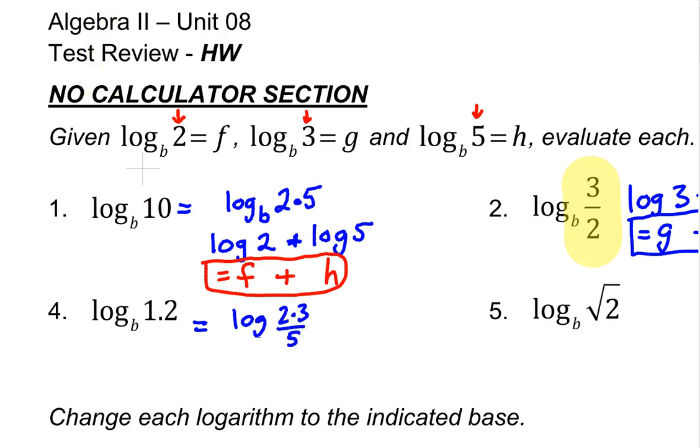I'll do the division property first, so it's going to be the log of 2 times 3 minus the log of 5. 2 times 3 goes first because that's on top, even though it's more than one number, just put them together. And the 5 goes second because it's on the bottom. But then the 2 times 3 we can rewrite using this property like we did number 1. Like 2 times 5 was log of 2 plus log of 5. So 2 times 3 will be log of 2 plus log of 3.